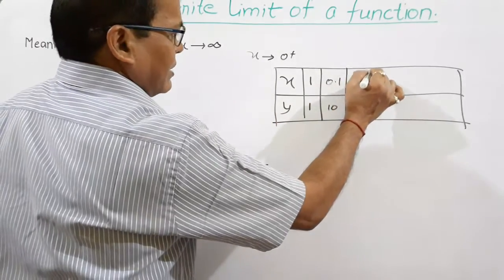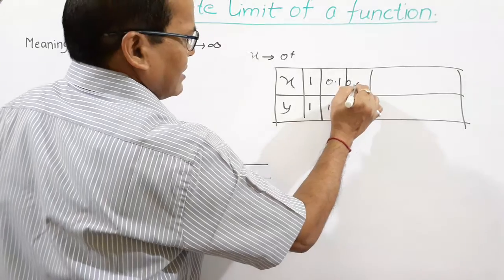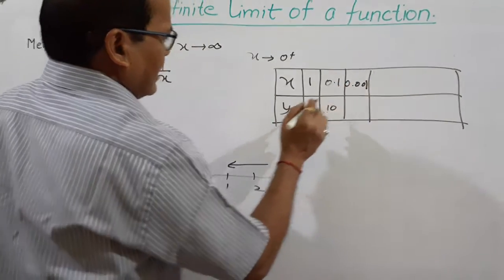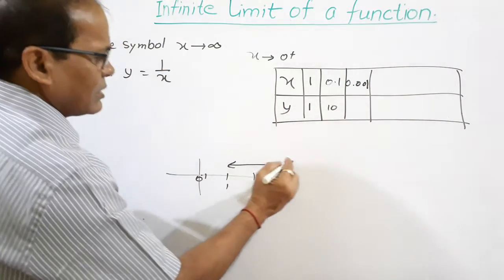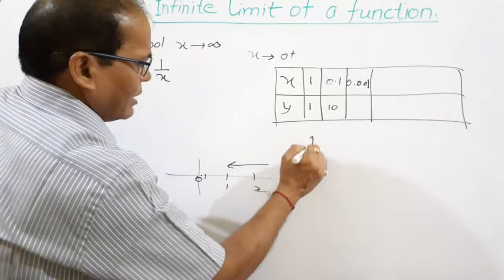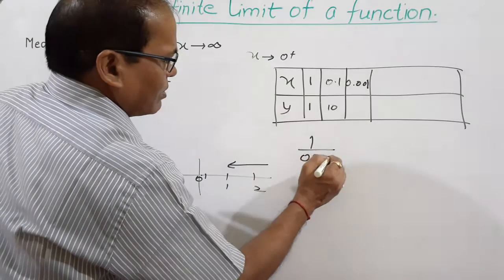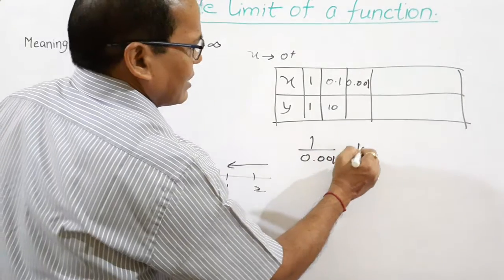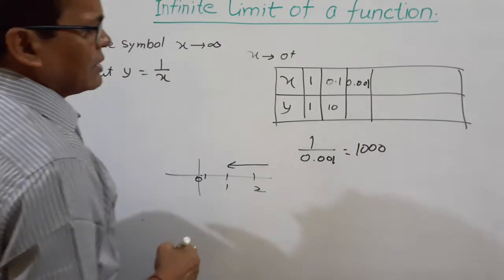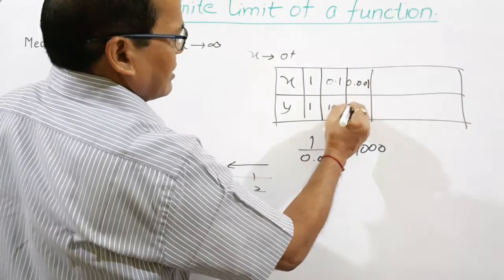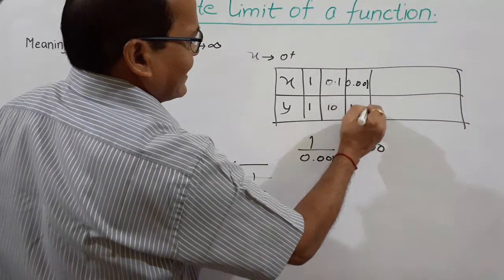If you take 0.001, then the y value is 1 by 0.001, which means you are getting 1000.